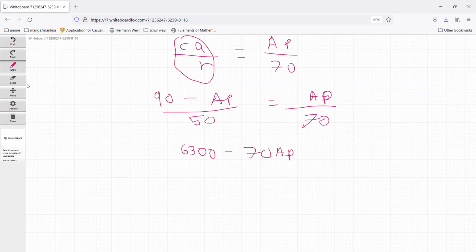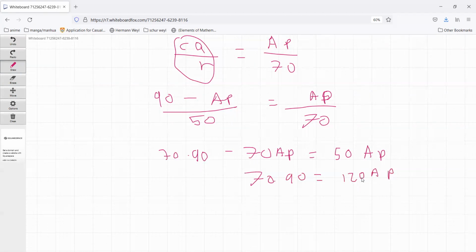It's probably better just to write it as 70 times 50, 70 times 90, is equal to 50 AP. So we have 70 times 90 equals 120 AP. So we divide both sides by 60 because we want 2 AP, right?